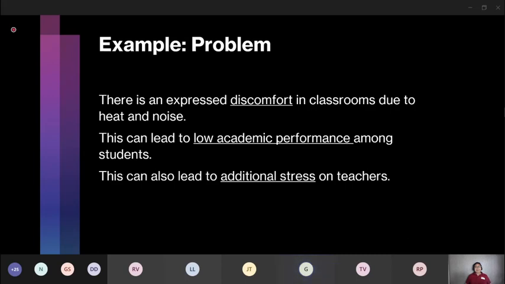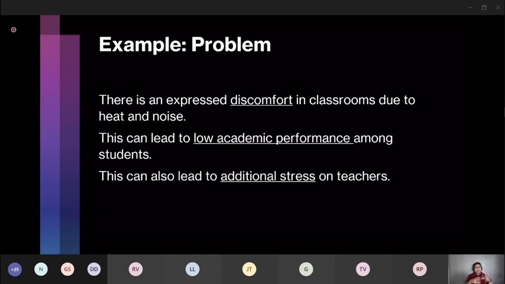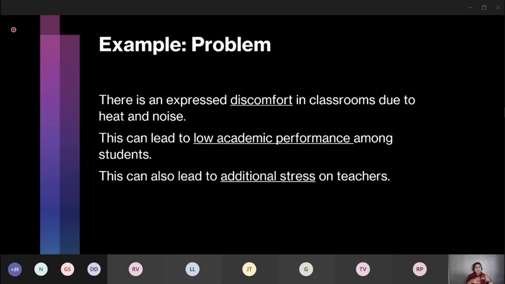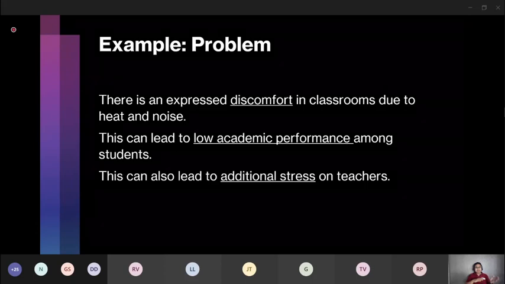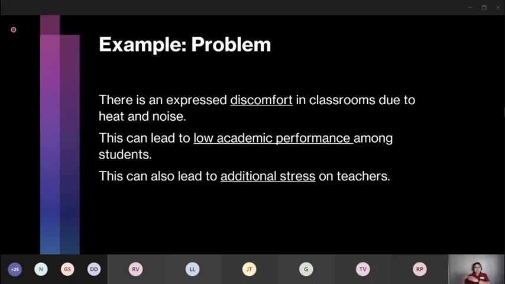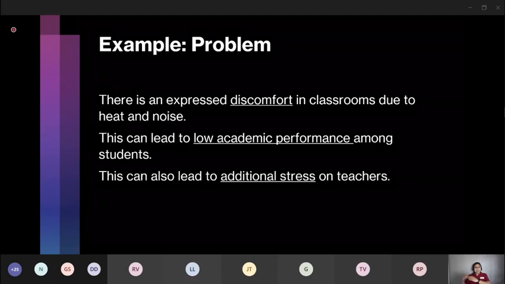Okay. Thank you for your attempt. But we are not talking about anything about the wall. We are specifically looking at the air conditioning system and how it has some relationship with the heat and noise, therefore making the students more comfortable and ultimately redounding to better academic performance.